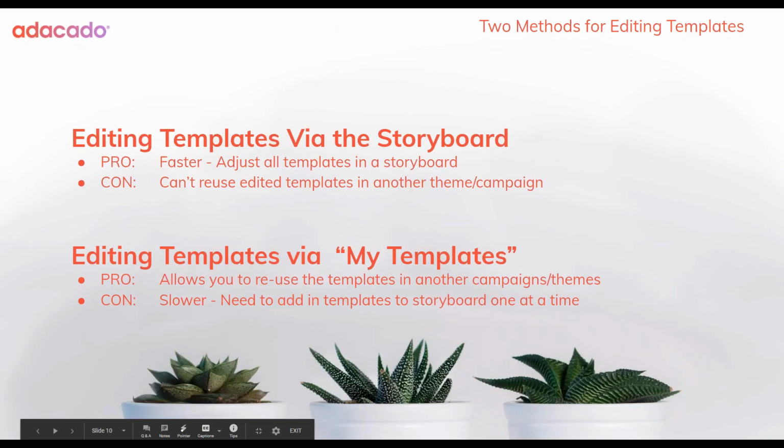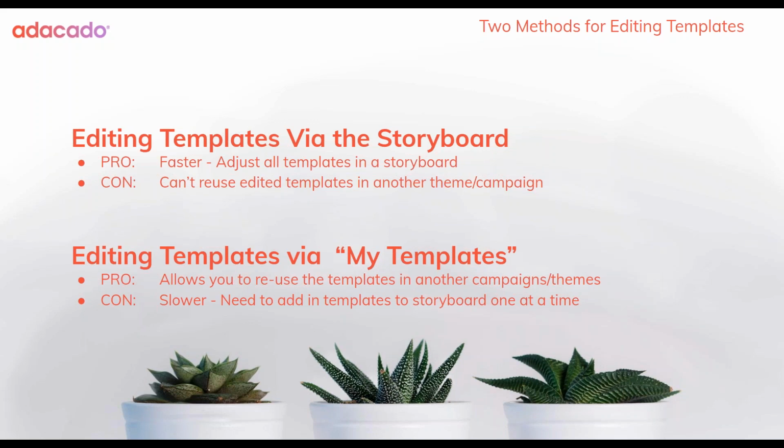Okay. So this is about the note that I just made. This is the method that we just went over, editing the templates via the storyboard. If you can, I would suggest to do it this way. This is a faster approach, and it's just easier. However, it does come with the caveat that you can't reuse the templates in other campaigns or themes.